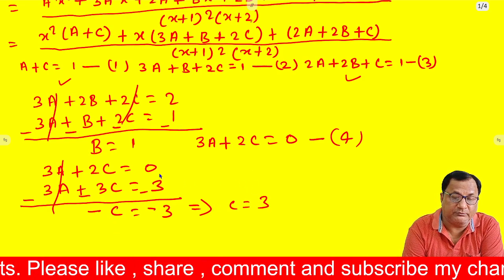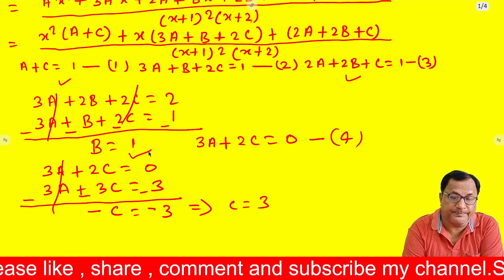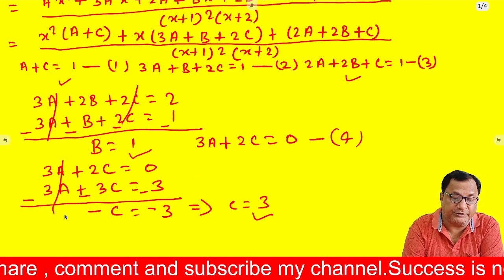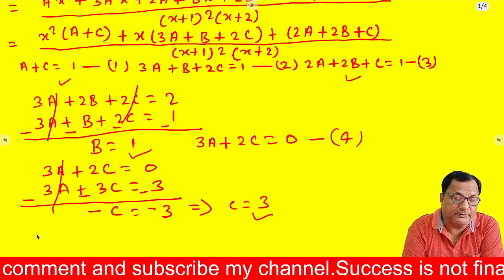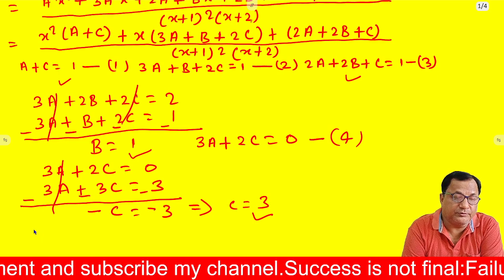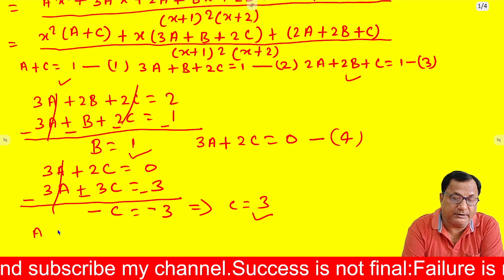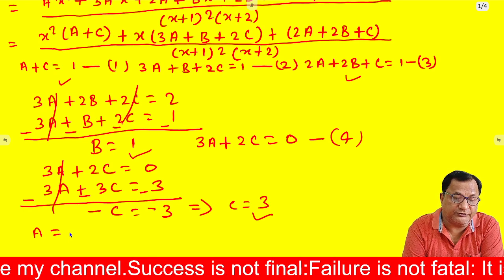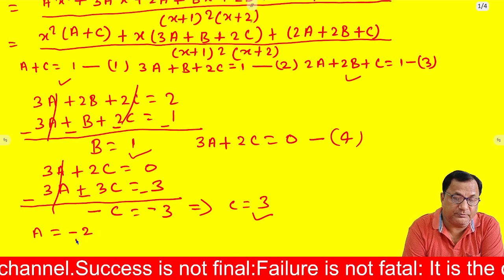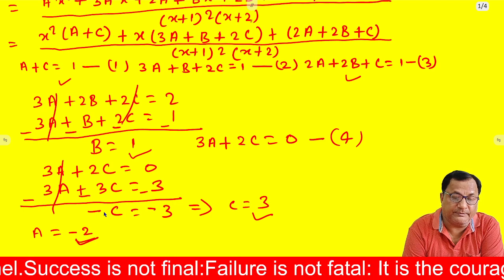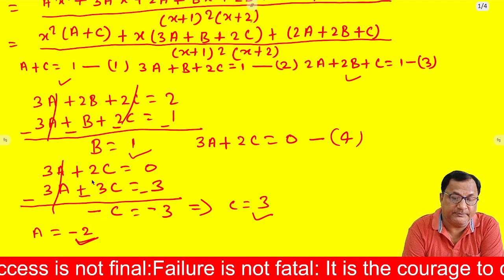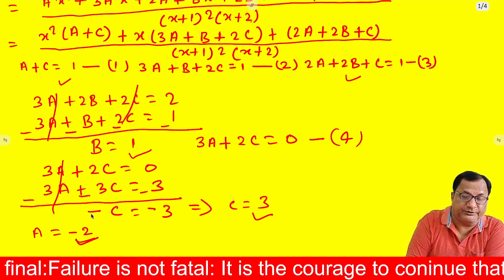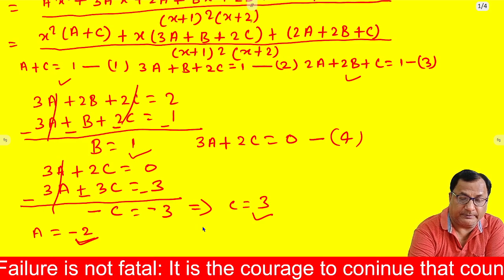So we have got the value b is equal to 1, c is equal to 3. If we put the value of c in 1, then a is equal to minus 2. So all the three values of a, b, c we have got. Now we will put the values of a, b, c in our expression.